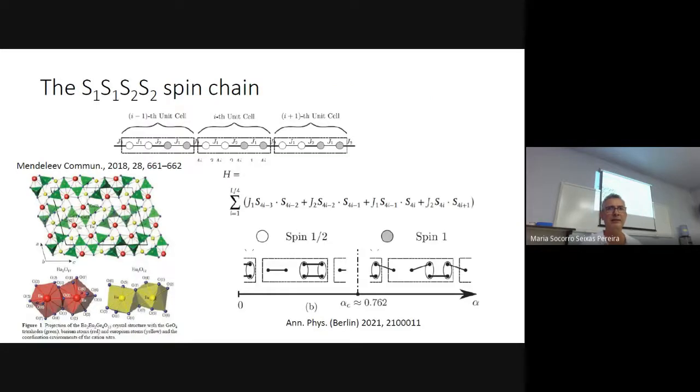So now we are trying to answer the question regarding this non-universality of the critical exponents along the Gaussian line or in Gaussian phase transitions.